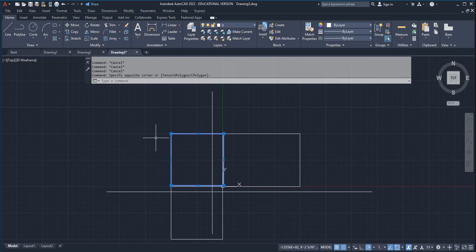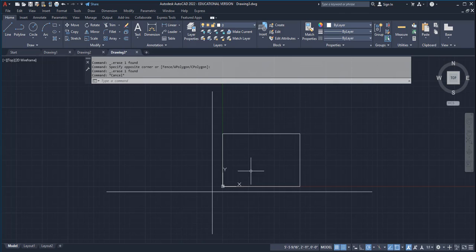So just know that AutoCAD is looking at everything from the 0 coordinate in our absolute coordinate system, right? So when we drew this thing, remember how we drew cubes in Rhino?